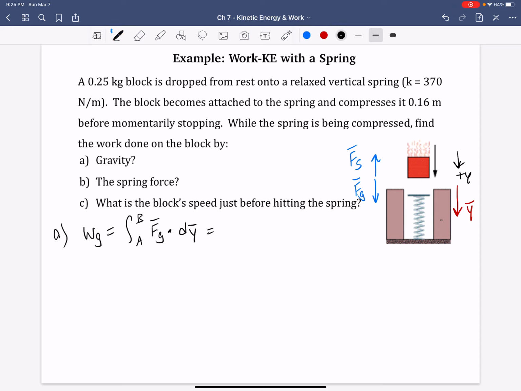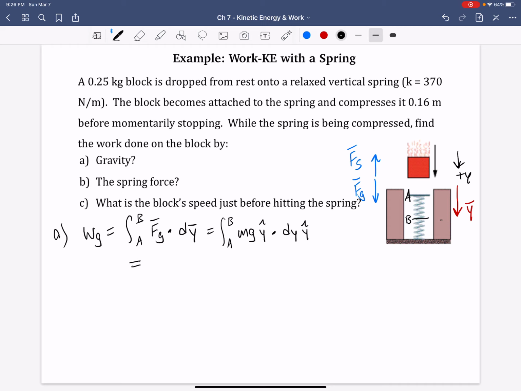Integral from A to B. Again, point A is the initial contact. Point B is some distance of maximum compression, some point down there. Just so you know, the force of gravity is mg in the y direction, y hat, and that's dotted with the displacement dy, which has a magnitude and direction such.